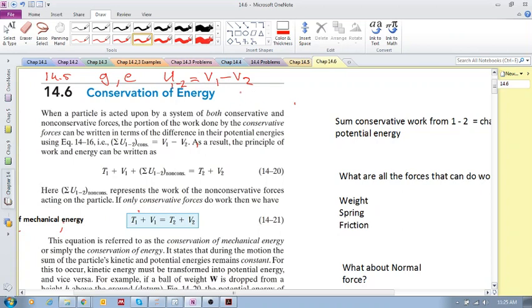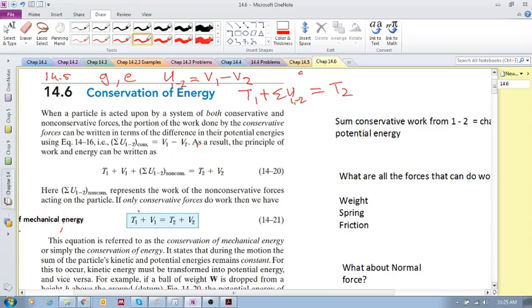Recall, what is the principle of work and energy? It was given by T1, the initial kinetic energy, plus all the work done on the particle from 1 to 2 would give us the kinetic energy at state 2. Now, the question I have for you is, what were all the different kinds of forces that we've been seeing?